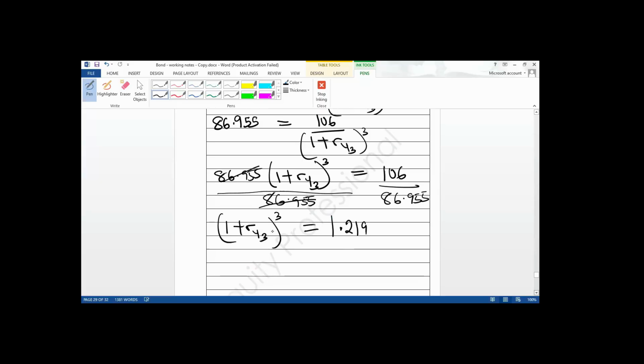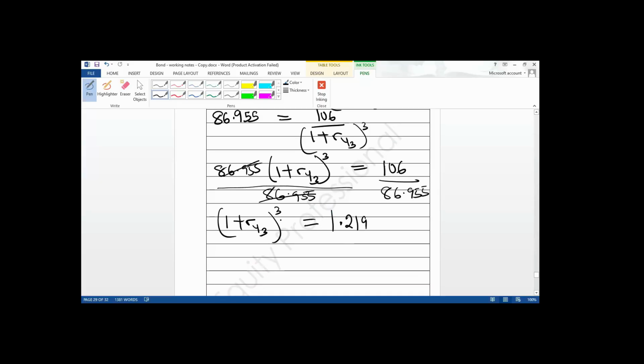What next? The power 3 here will move here and become root of 3. 1 plus R in year 3 is equal to root 3 of 1.219.